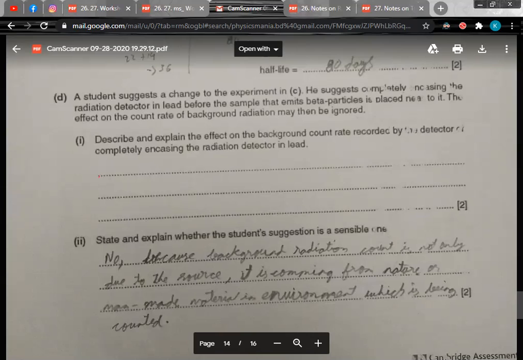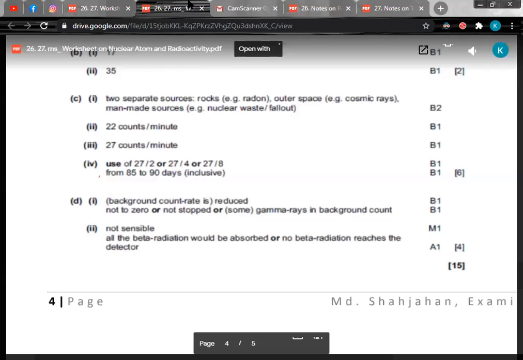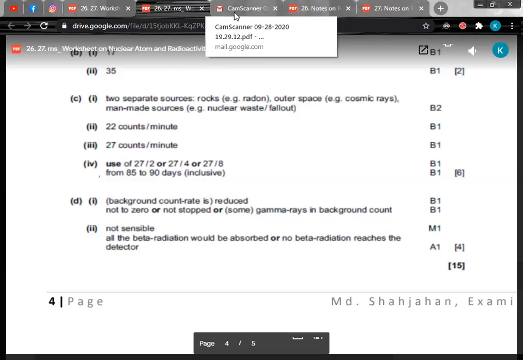Lead box or lead protector. So, lead encasing. In the reverse way, we can say a few of the gamma radiation can go through the lead encasing. Is it clear? Yes, sir. I prefer this one: a few of the gamma radiation can enter the encasing, and it can be detected by the detector. Is it clear now?